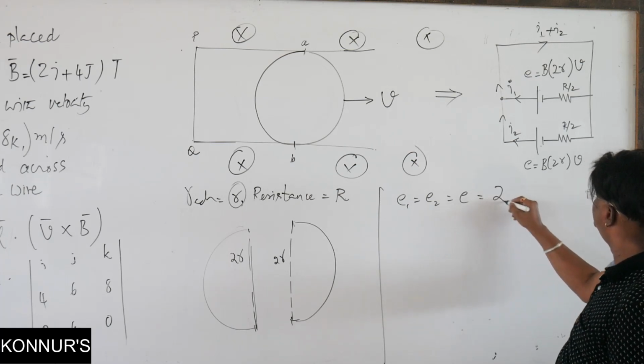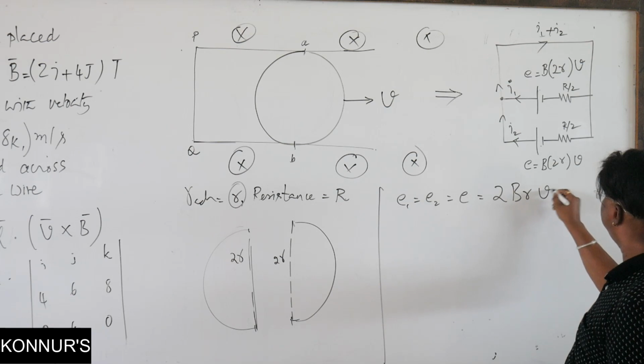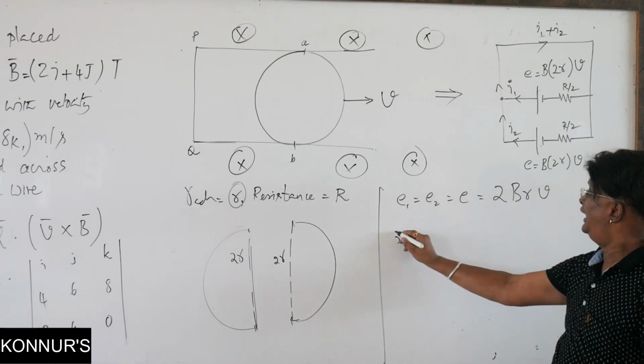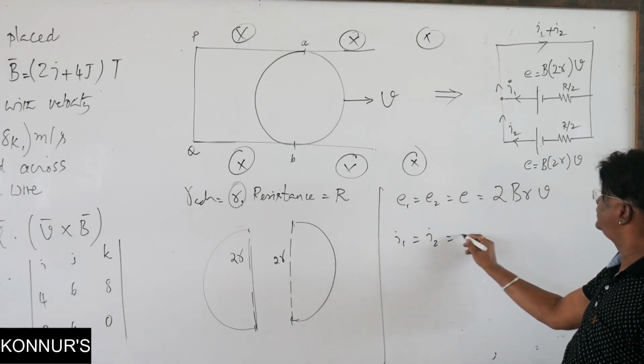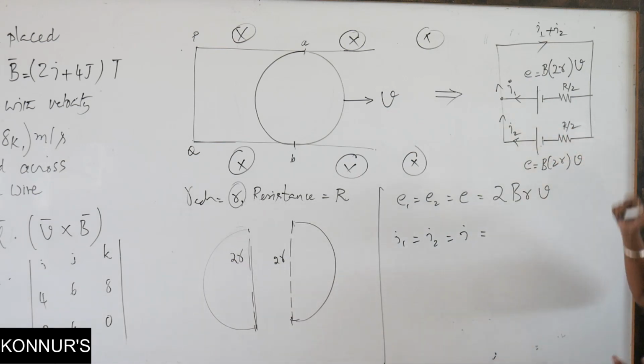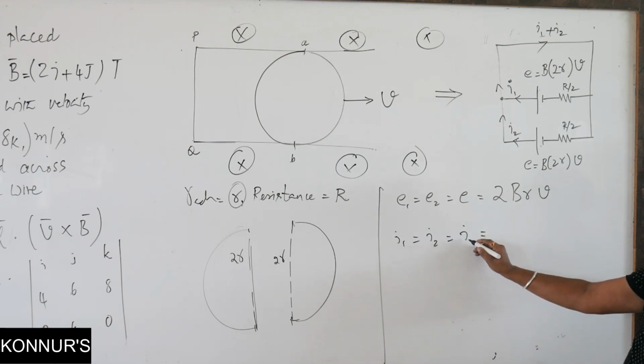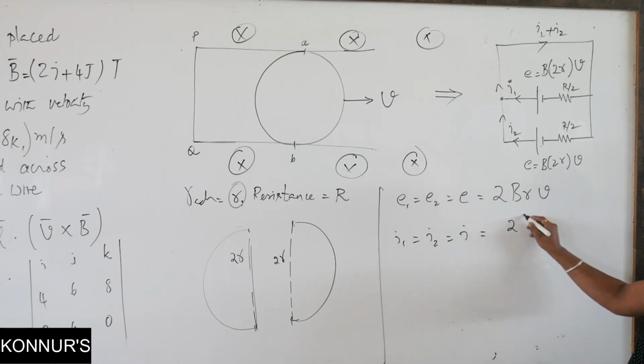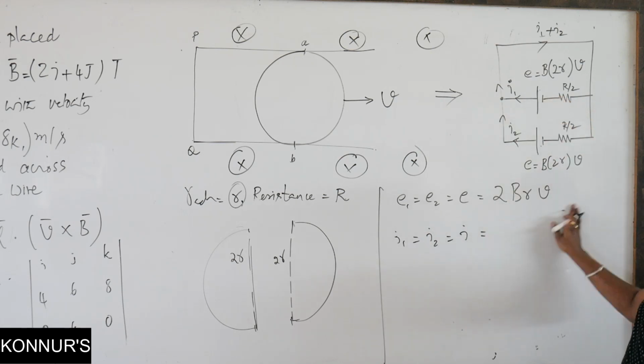So let it be 2BRV. So I1 is equal to I2 is equal to I. Why? We have seen same EMF and same resistance.